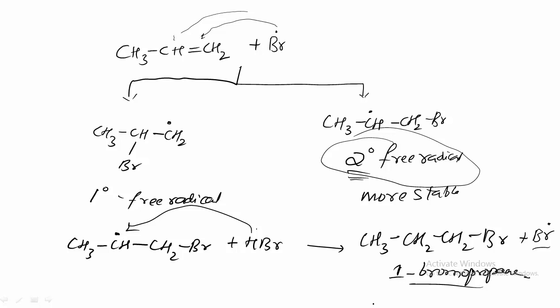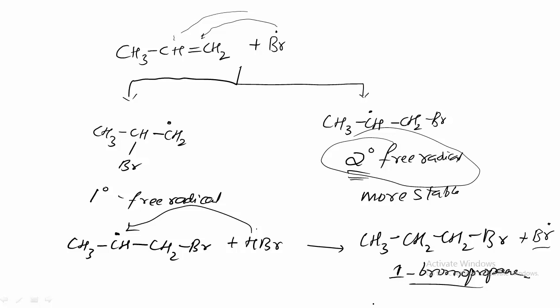That is, in absence of peroxide, the secondary carbocation is more stable and thus there the Br will attack the secondary carbon atom and thus it will form 2-bromopropane as more stable compound and thus the more product will be obtained. But in this case, secondary free radical is more stable and thus we will obtain 1-bromopropane as major product. So this is how the reaction takes place.